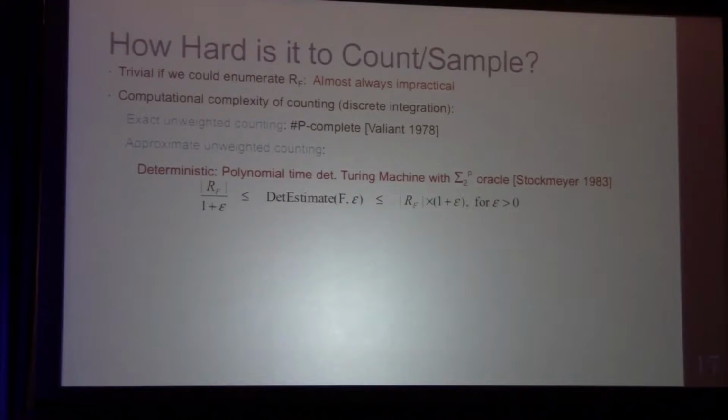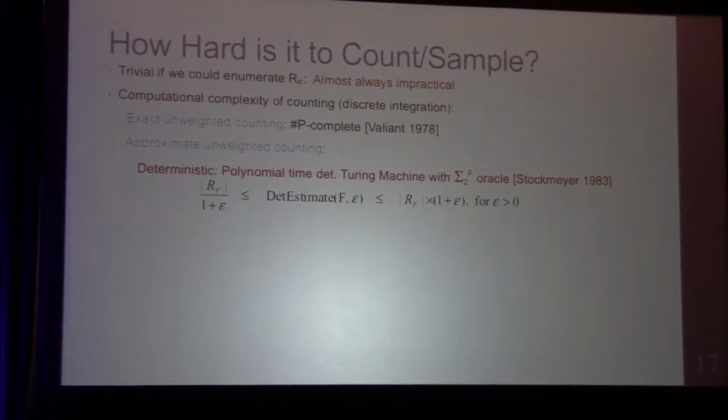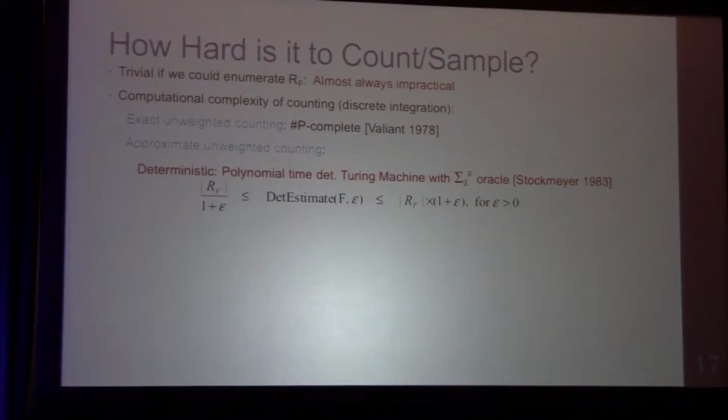This means that I want an algorithm which should take the tolerance in the approximation that I'm going to do as a parameter, and it should give me a result which is within the tolerance of the exact result. The exact result is the cardinality of R_F, if I'm talking about unweighted counting, and I want the result that I'm getting from this algorithm within its tolerance.